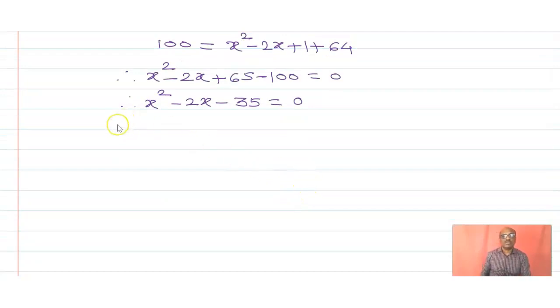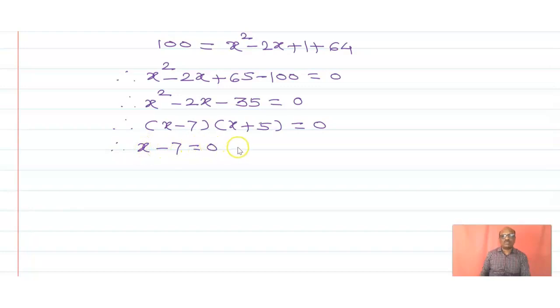Now we will factorize this. The factors are x minus 7 in the first bracket and x plus 5 in the second bracket. Therefore, x minus 7 is equal to 0, or x plus 5 is equal to 0.